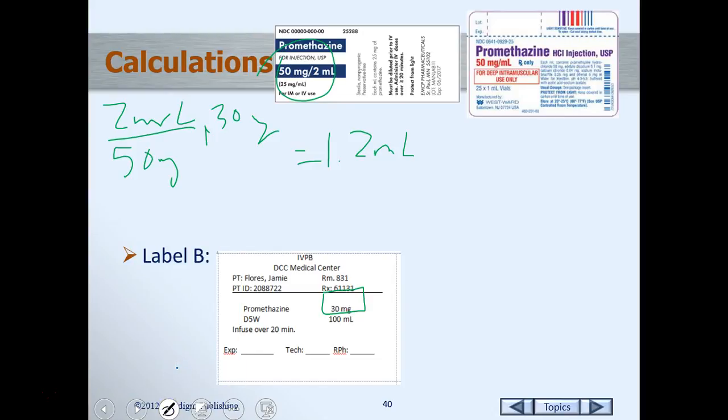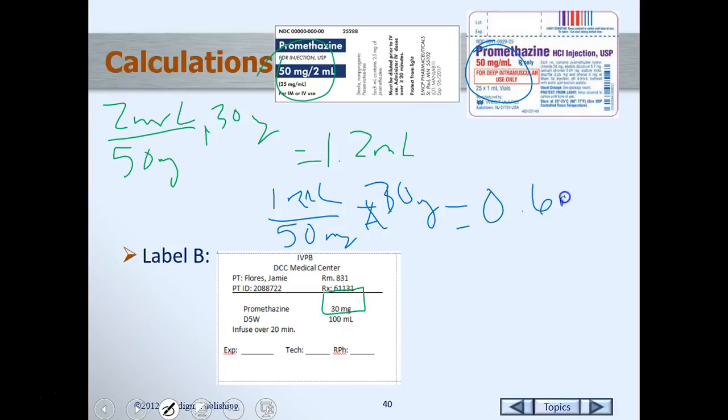Now, let's look at the 50 milligrams per milliliter. That would be 1.6 milliliters.